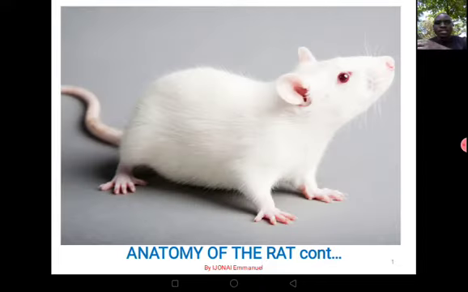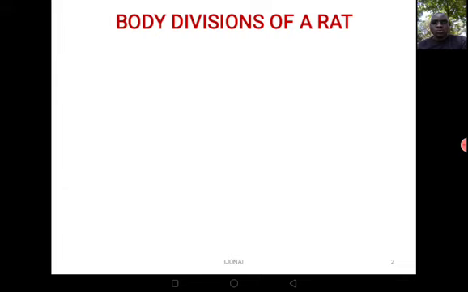And what I would want you to pay keen attention to is the spellings of these parts, the location of these parts, the description, how they are, their number, if there are two, a pair, if there's one, and so on, but also their functions. Which function do they perform in the body of the rat? So that's what I want you to pay attention to as we move through this lesson.